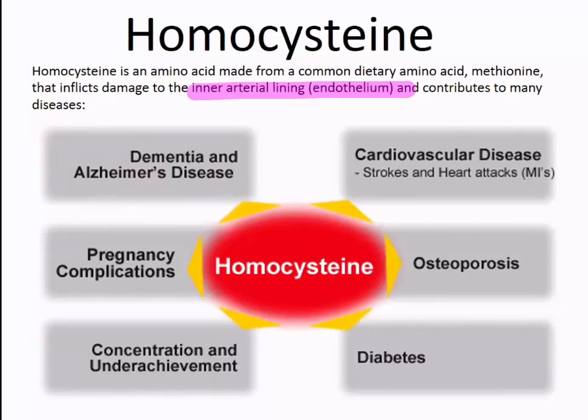That's one of the things that's so dangerous about it, among many things. It can damage the interior arterial lining, or the endothelium. If you have high homocysteine, that can cause dementia, pregnancy complications, poor concentration, cardiovascular disease, osteoporosis, and diabetes, among many other things.